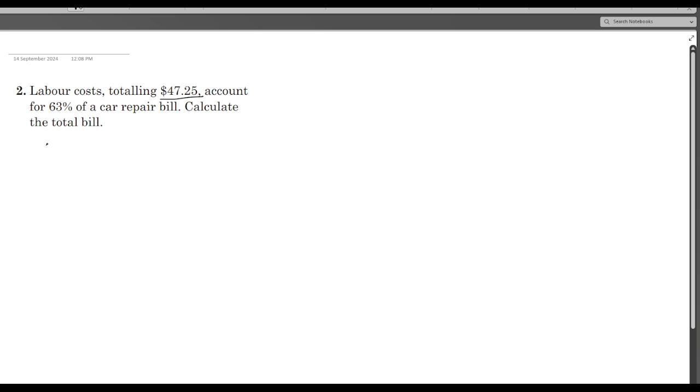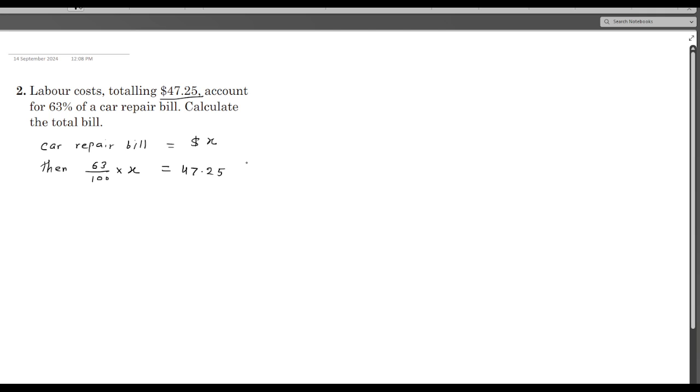Okay. So if I consider car repair bill, suppose I consider car repair bill as X dollar, then 63%, that is 63 divided by 100 times of this car repair bill will be equal to 47.25.